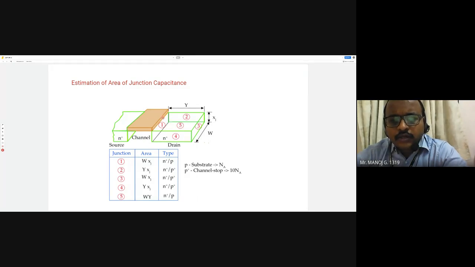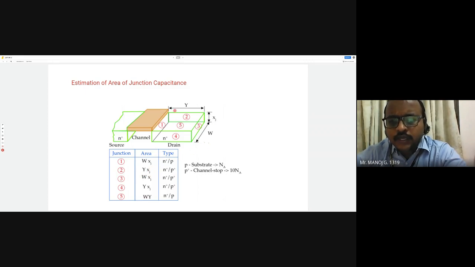For junction 1, I told you W is the length and X is the breadth. For the second region or second junction, what would be the length? Y. Hema, that's right. Y is the length, and XJ is the width. Is that clear, Gopika? So the area is nothing but Y into XJ. Please be careful.